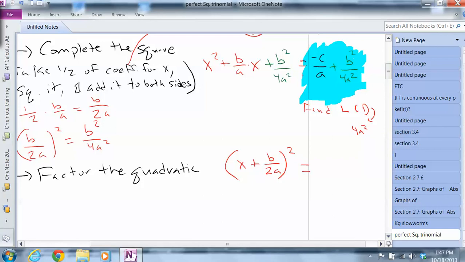So this means that we need to multiply this fraction, negative c over a, by 4a over 4a, both top and bottom. Therefore, we'll get two fractions with the same denominator. So you wind up getting negative 4ac over 4a squared. I'm multiplying it by 4a, because 4a times a is 4a squared.